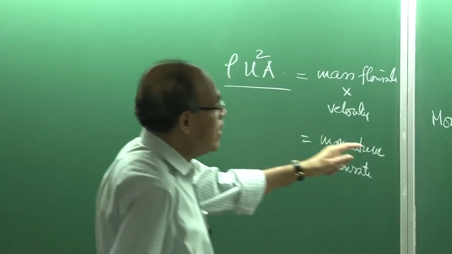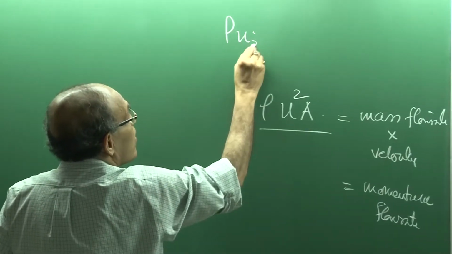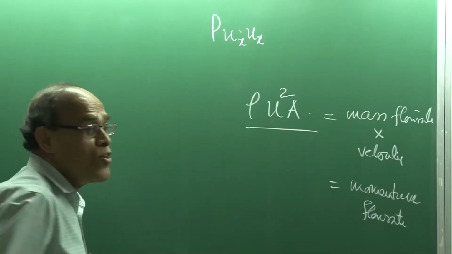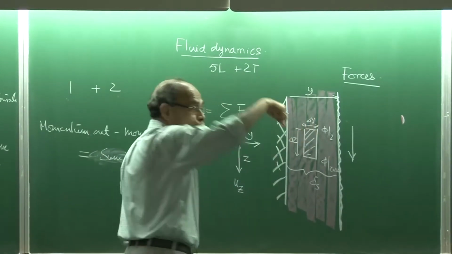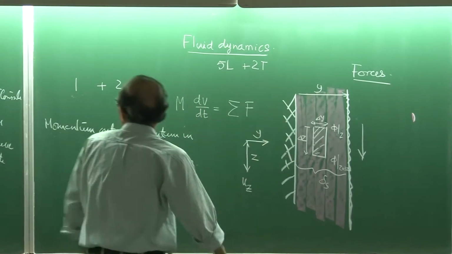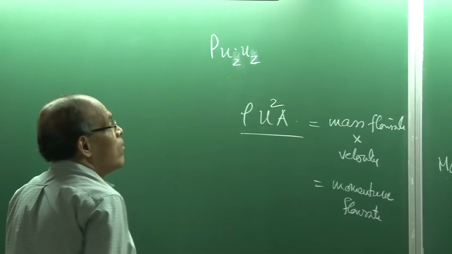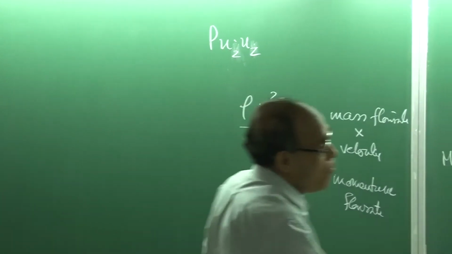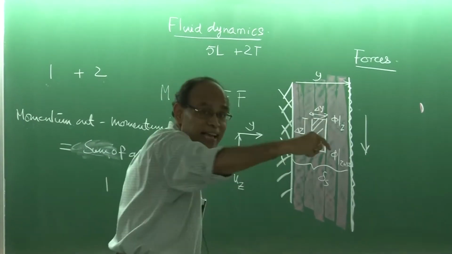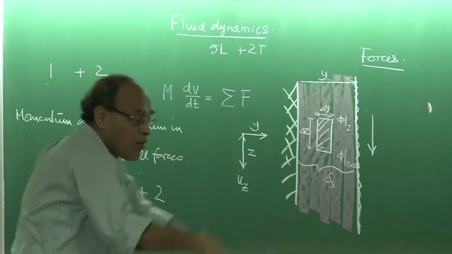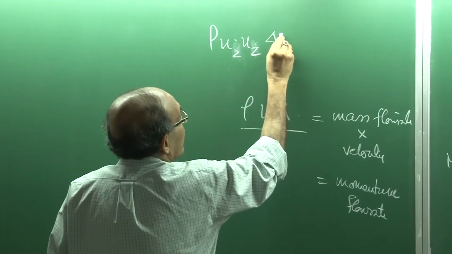So therefore, we can say that now if we say rho u_x into area, and what is this area? This is the area through which it is coming in. In this case I would say not x because it is z. So this is multiplied by delta y, and the area is delta y into L. That is the area through which the fluid is coming in.